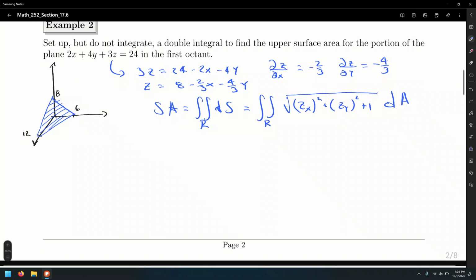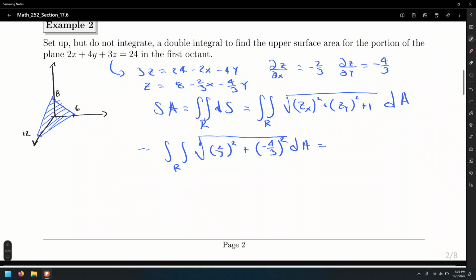Okay, so let's see. Our partials, well, number one, so that's the double integral over R of the square root of negative 2/3 quantity squared plus negative 4/3 quantity squared plus 1 dA.